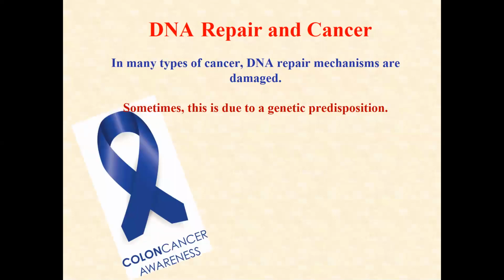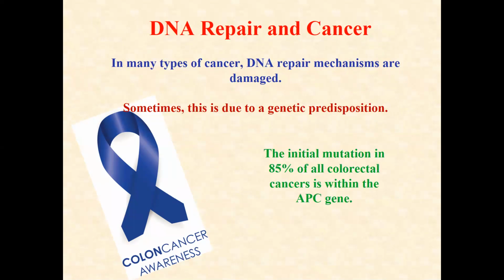Colon cancer, for example, is a disease in which genetic predisposition is observed. In 85% of colorectal cancer cases, the initial mutation is in a gene called APC.